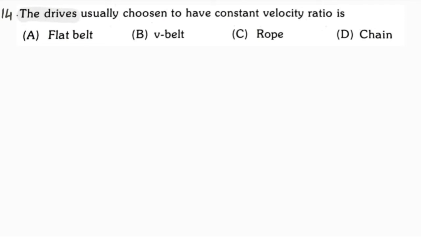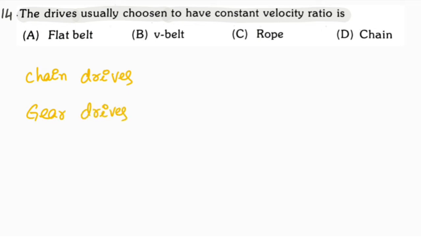The drives usually chosen to have constant velocity ratio is, dear friends, chain drives and gear drives. Let me write it. Chain drives and gear drives have no slip.